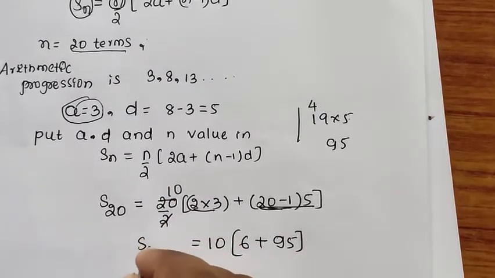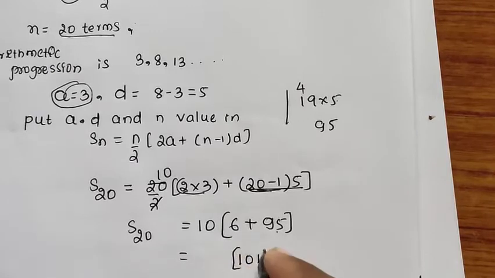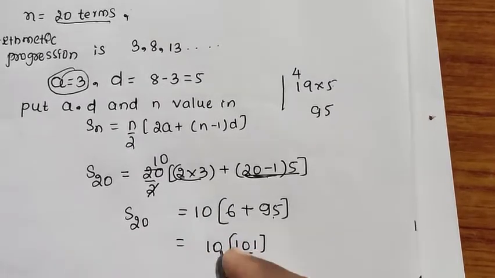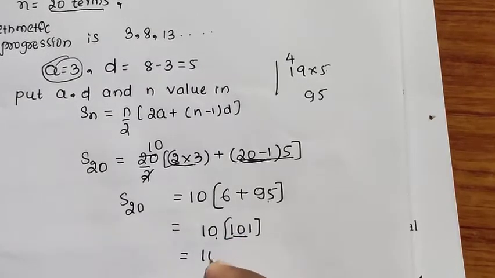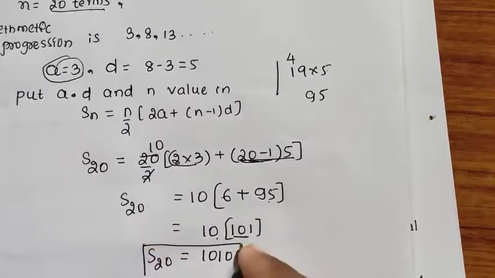So the sum of 20 terms is equal to, now 95 plus 6 is 101. If you multiply this 101 with 10, you will get 1010. This is the sum of 20 terms.